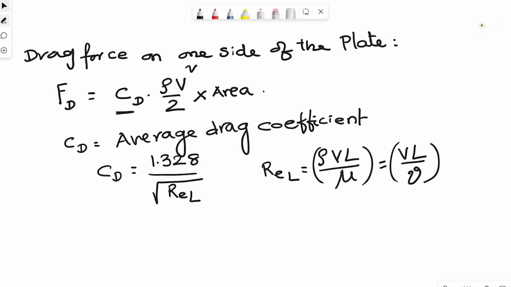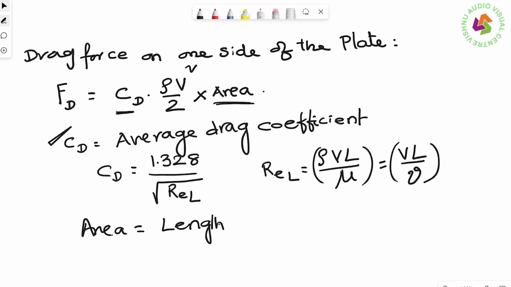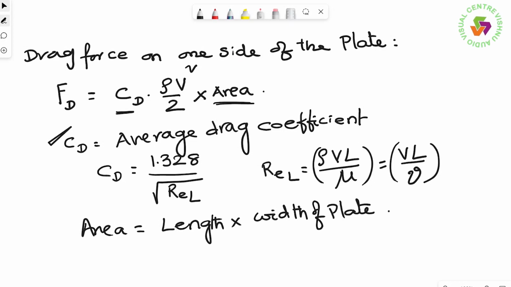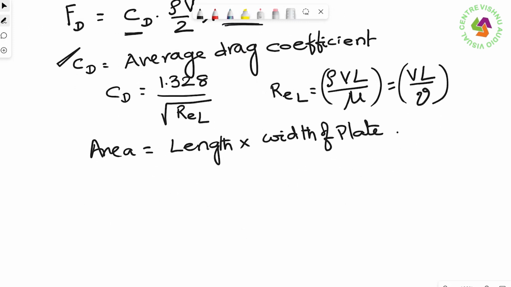That is one difference while calculating the C_D value. The remaining are all the same, because the area is the length of the plate multiplied by the width of the plate. This is how we calculate the drag force.